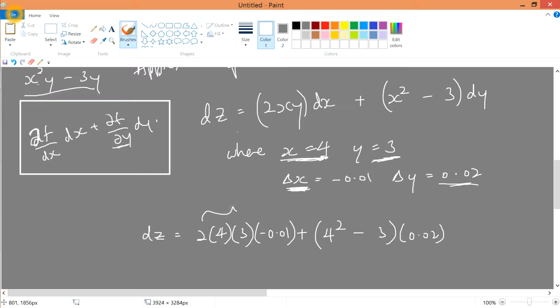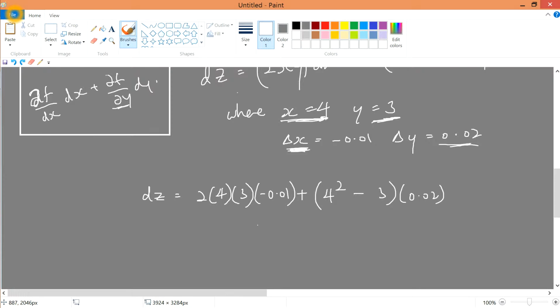This is simply 2xy, this is dx, this is this term, and this is this term. I'm just simply subbing in my values. If I do that, this term becomes minus 0.24 plus this term becomes 0.26. At the end of the day, I would have 0.02.